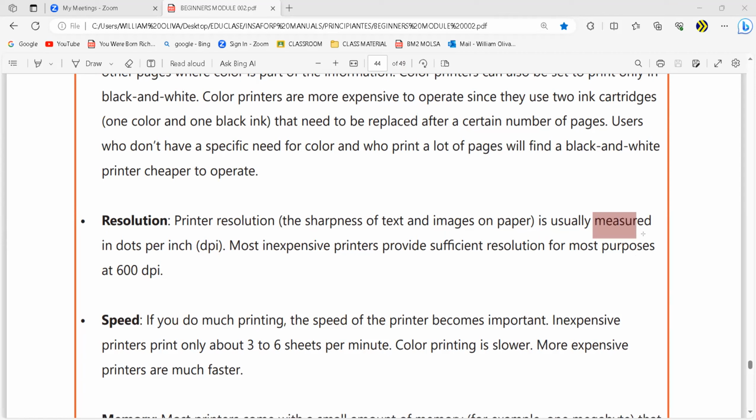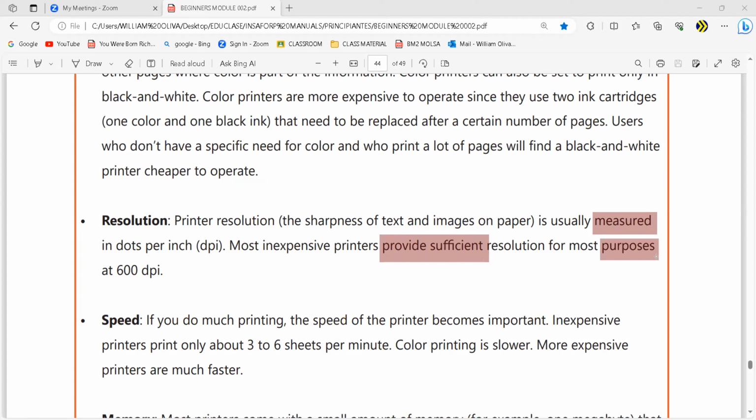Most inexpensive printers provide sufficient resolution for most purposes.